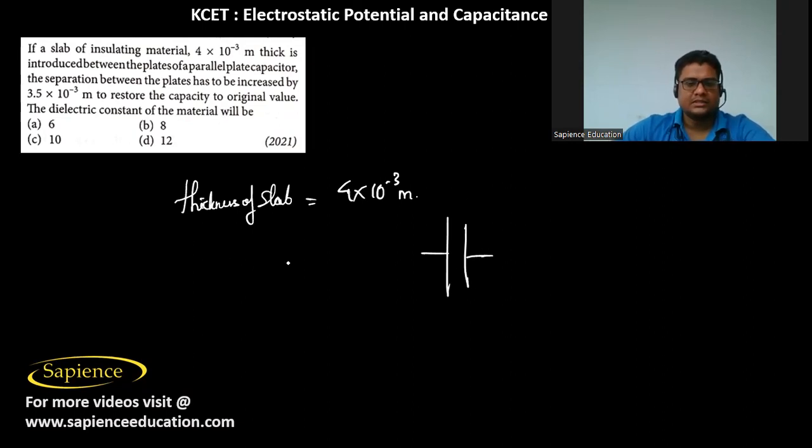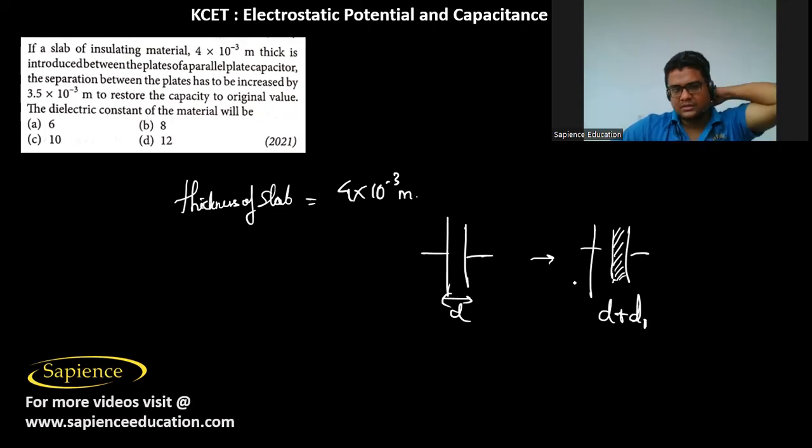So let's say the initial separation was d. Now the new separation is d plus d1. So here the separation has to be increased by 3.5 into 10 power minus 3 meter.